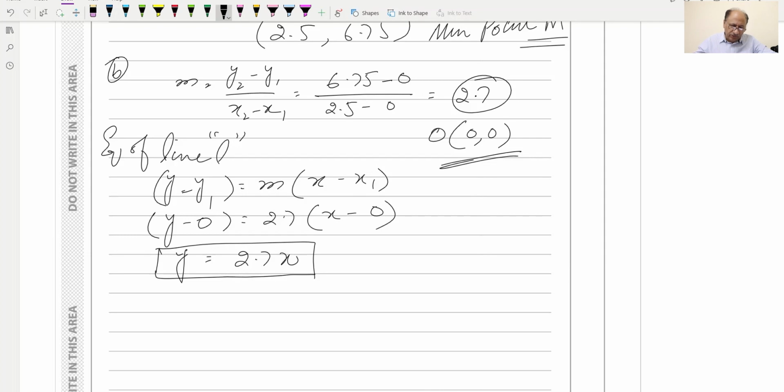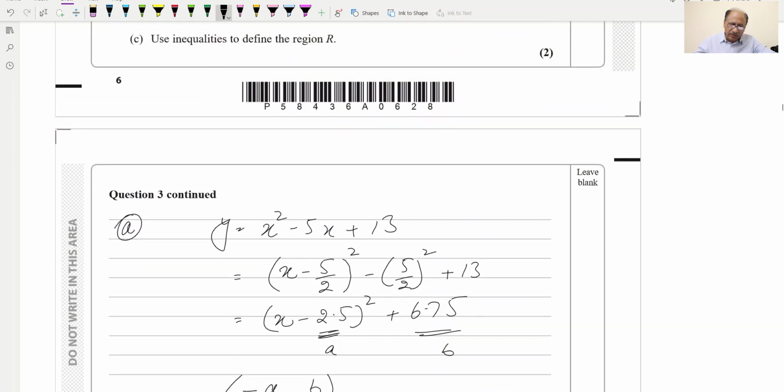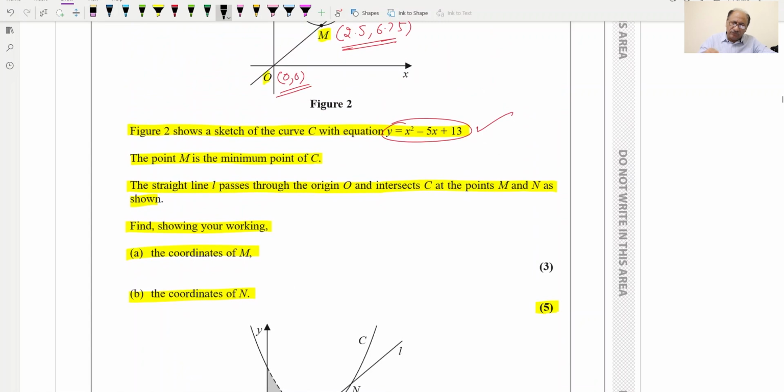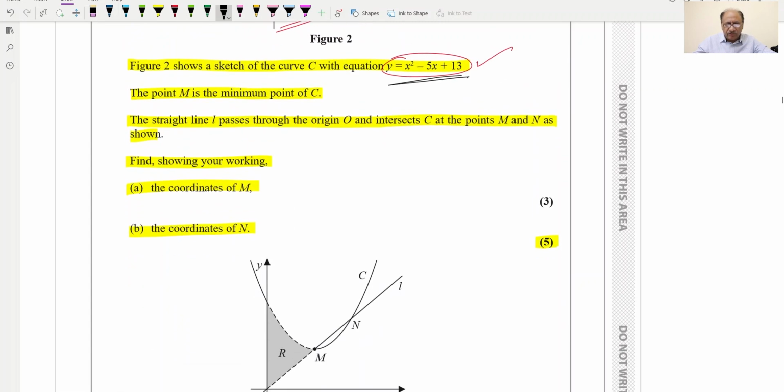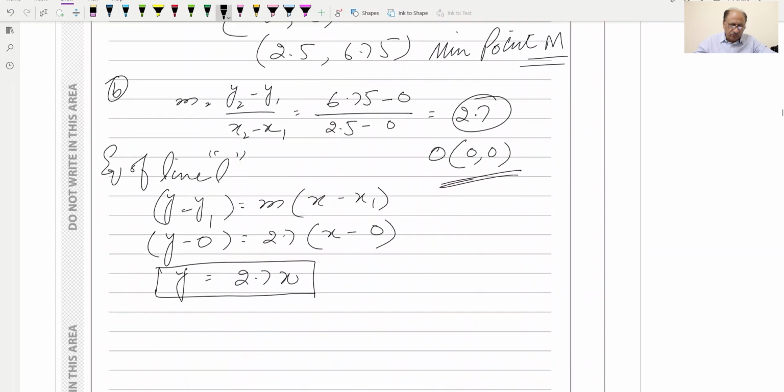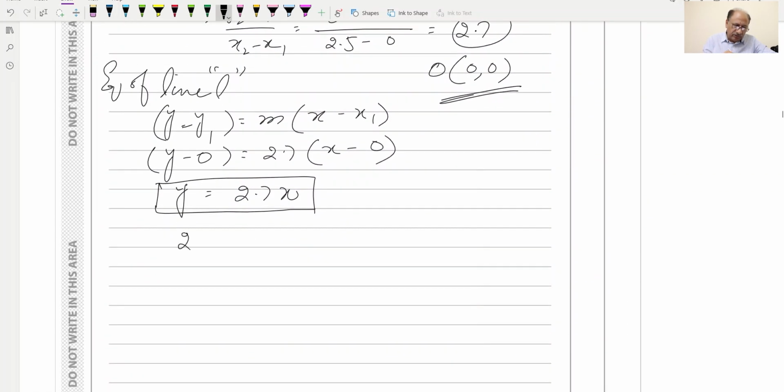Now we will equate this equation and the equation of the curve which is provided over here, y equals x squared minus 5x plus 13. So we will be equating both equations. We can write 2.7x is equal to x squared minus 5x plus 13, and now we will shift this to the other side, so this will be x squared minus 5x minus 2.7x plus 13 is equal to 0.